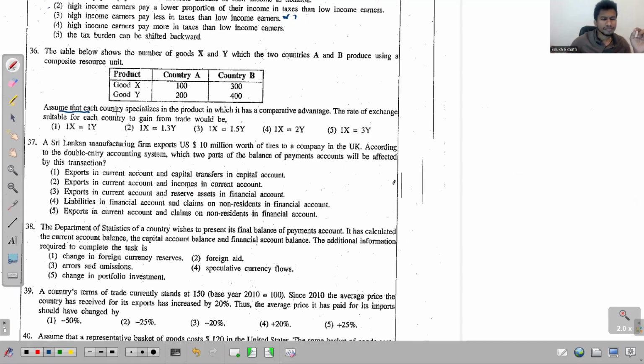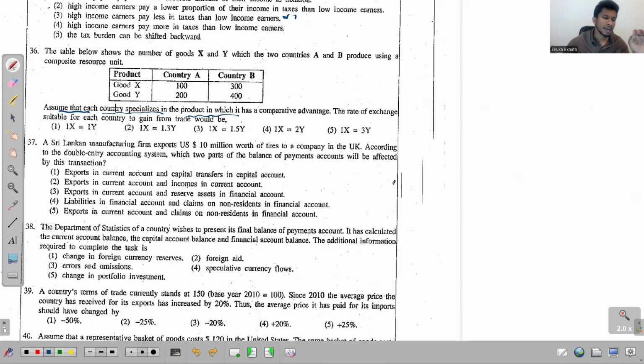Assume that each country specializes in the product in which it has a comparative advantage. Okay, we did 2011 and 2012, and there was a similar question where the task was just to find the country with the comparative advantage for the given product. But this is not like that. They don't even ask us to recognize the country with the comparative advantage for the given product.